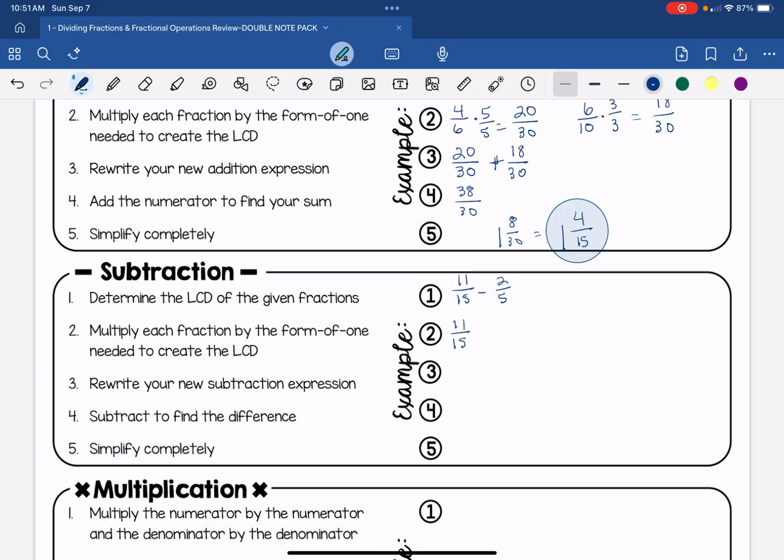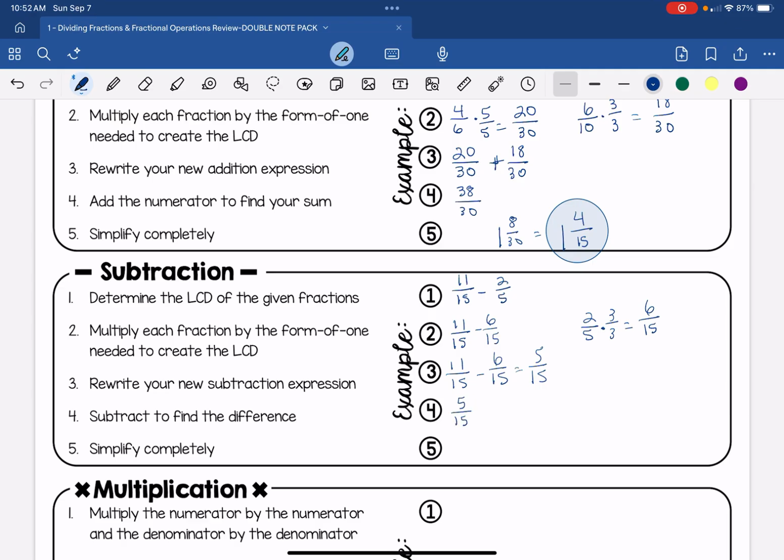But I'm going to change my 2/5 by multiplying it times 3 over 3, so my denominator can be the same. If I do something to the bottom to turn it to 15, I have to do the same thing to the top. So now my problem is 11/15 minus 6/15, which if I solve that, I get 5/15.